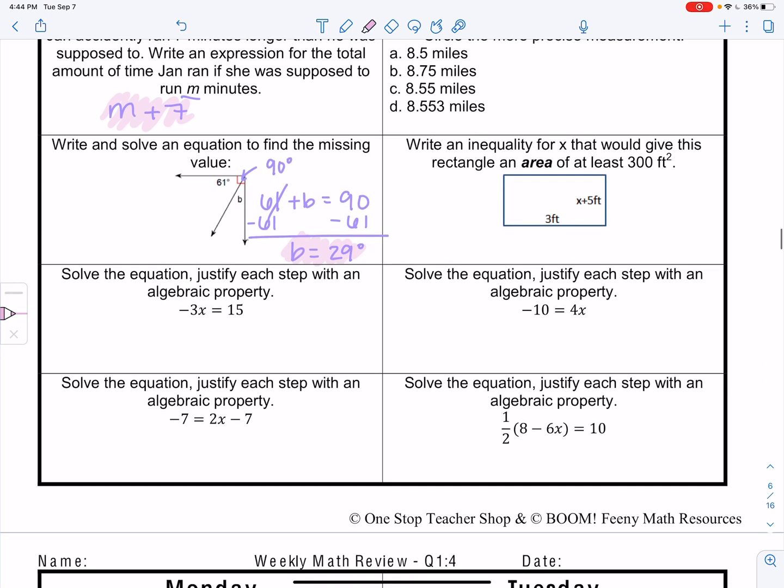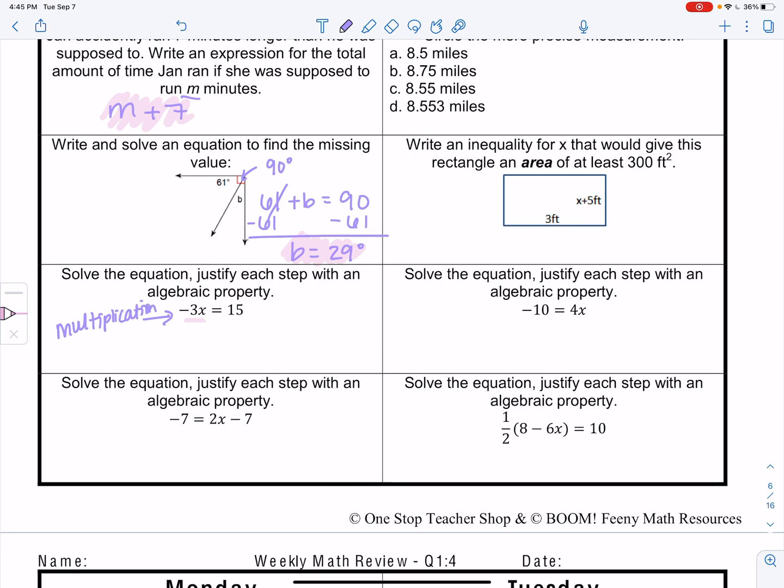Moving on, we're solving and justifying with the algebraic property. So we have negative 3x equals 15. Well, to get rid of that negative 3, since I have negative 3 with the x, that's actually multiplication. And to get rid of multiplication, you use division.